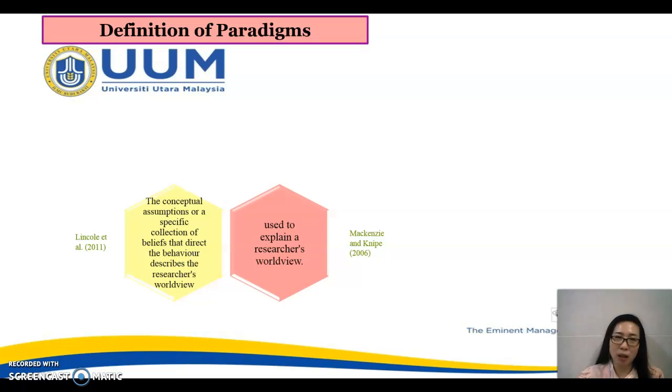Okay, what is the meaning of worldview? It is the synonym of paradigm. Worldview can be defined as the perspective, the thinking, the school of thought, a set of shared beliefs that informs the meaning or the interpretation of the research data.